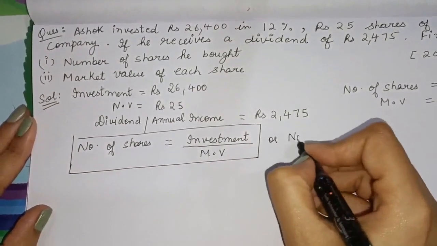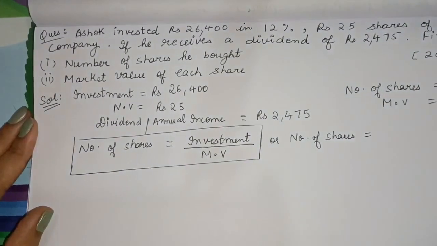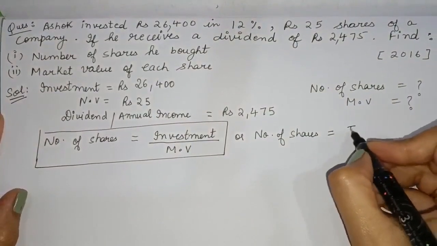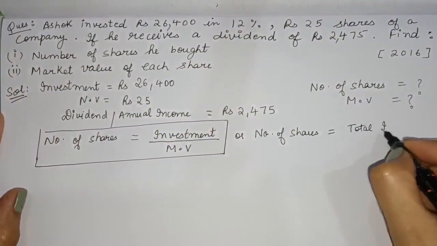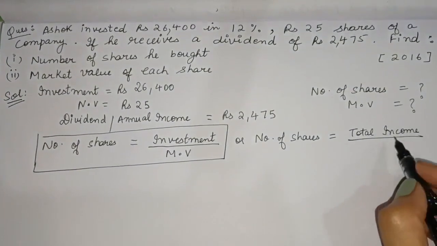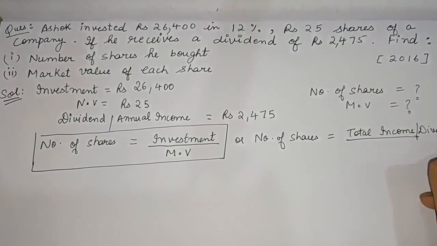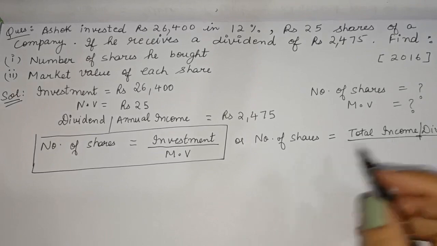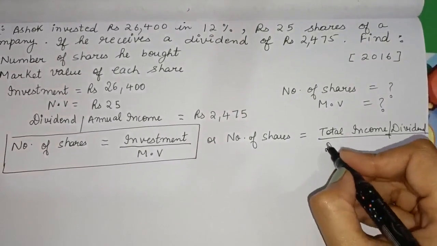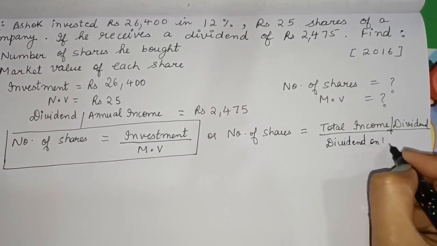Also, number of shares is equal to total income or annual income or dividend or profit. These are all the other words. Income or dividend you can write. Total or annual means the same thing. Divided by dividend on one share.